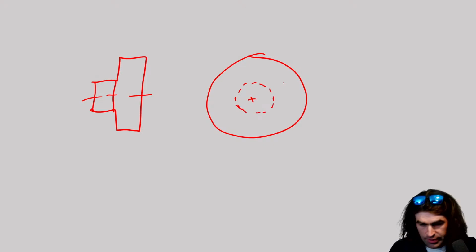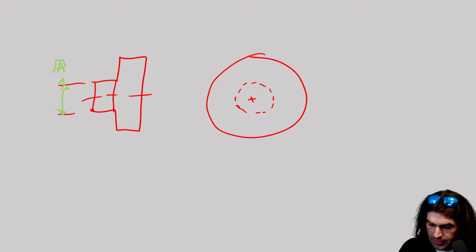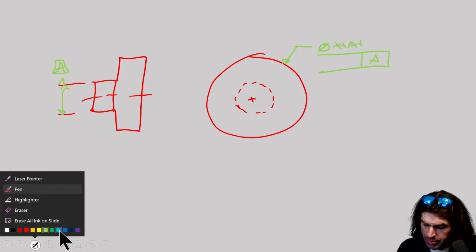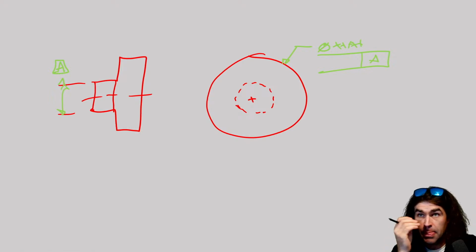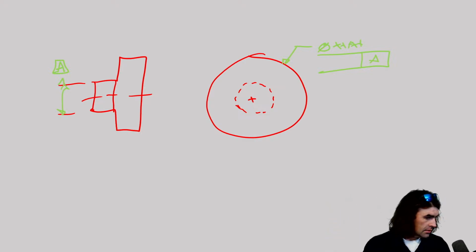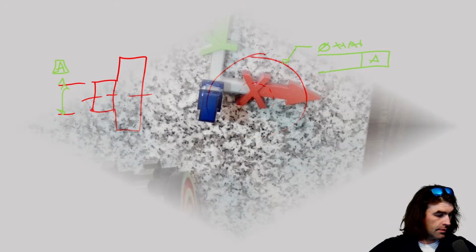I probably should have drawn it the other orientation, but this will be okay. All right, so let's identify this side as datum A and say we're going to control this other diameter to datum A. So what's going to happen here if we grab this part and say this one, say a V block like this.